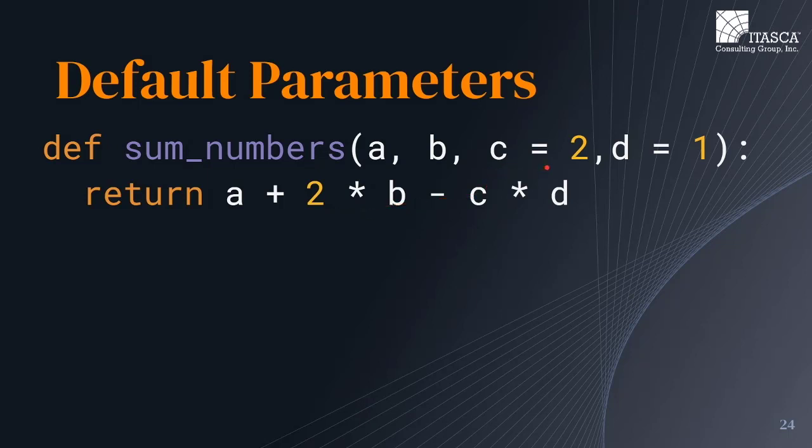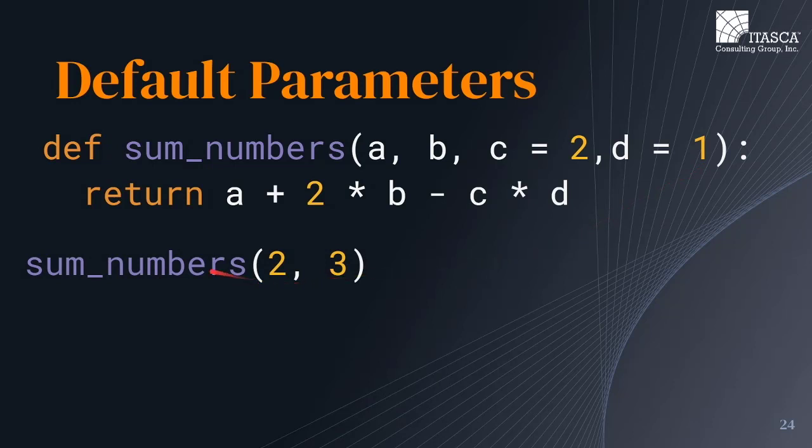The syntax for defining default parameters is, within the open parentheses when you're defining your function, you have the variable name, in this example C, equals its default value. So in this case, we're initializing C to have a default value of 2 and D to have a default value of 1.